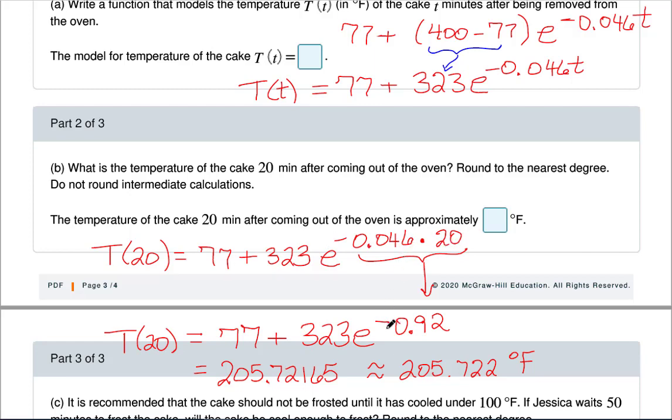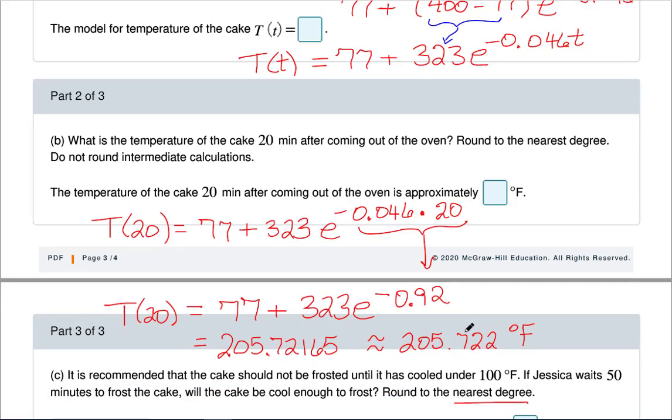Do the multiplication, so I get e to the negative 0.492. So now I need to make that particular calculation. And when I make that calculation, I multiply it by 323. And once I do that, I add it to 77 to find out that after 20 minutes, it's cooled down to 205 degrees Fahrenheit. So it's come down from 400.